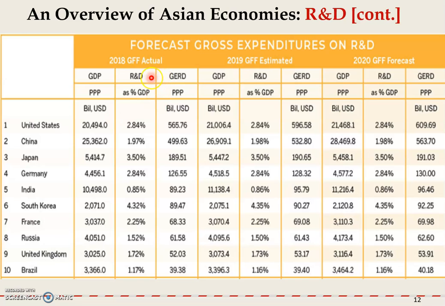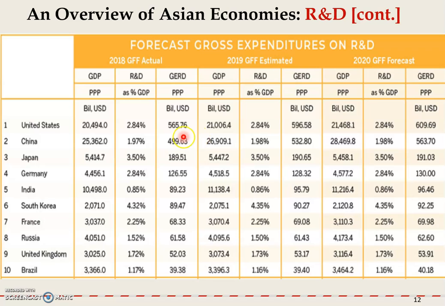Okay, and then the second column is the research and development spending. Okay, but this is expressed as the percentage in GDP. In other words, the share in its economic pie. The third column here is the gross expenditure on research and development. Okay, and it's expressed in PPP. So these are the absolute level of the R&D spending, expressed in U.S. dollars, billions.